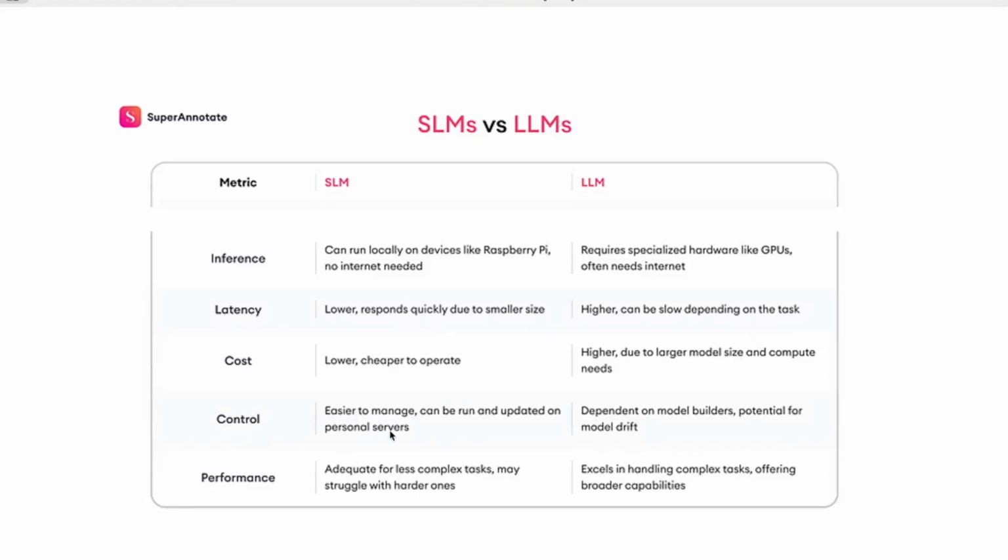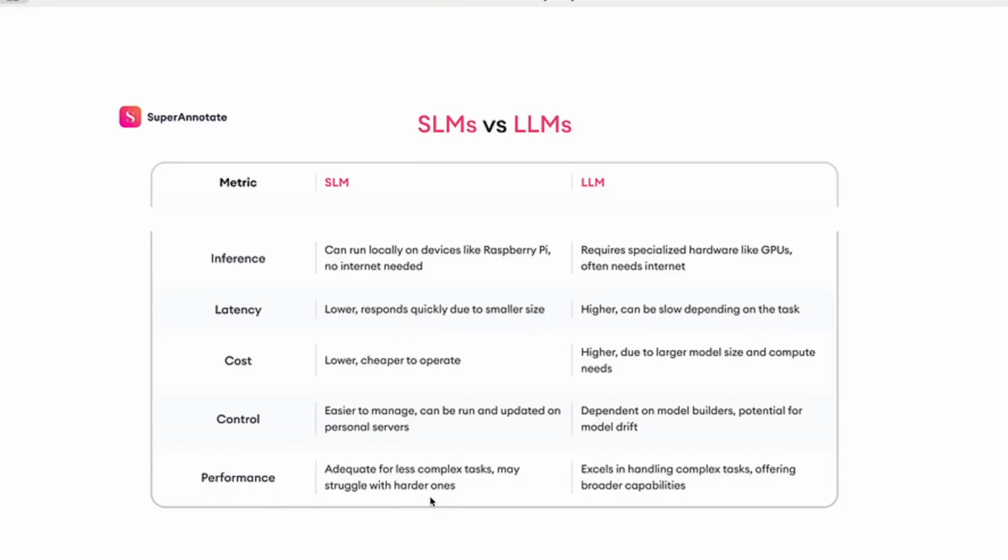In terms of control, it's much easier to manage. The LLM, I would say, is more like a black box to you, right? All you can do is just call the API. Maybe you can still optimize your context, but in terms of the model itself, there's almost no room for you to play on the model side. But with the SLM you have full control of how you want to train and how you want to govern the small language model.